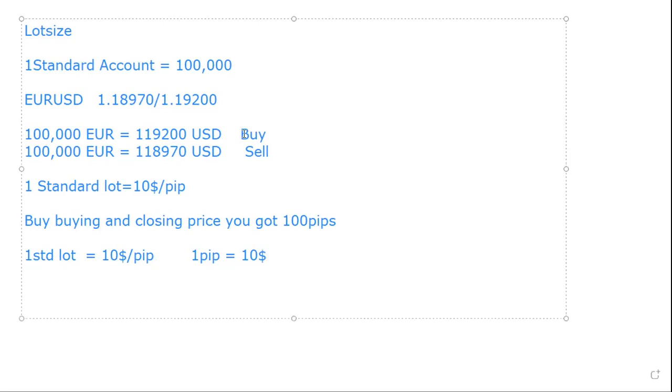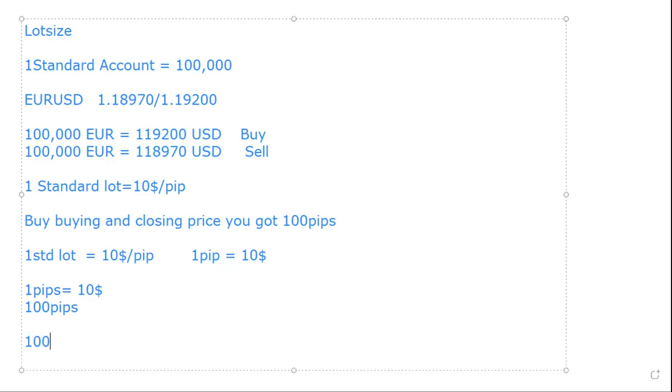So now for this trade, we know that one pip is equivalent to $10. What about you, the trader, who has gotten 100 pips in a single trade? It will mean 100 pips times $10 divided by 1 pip on the lower side.